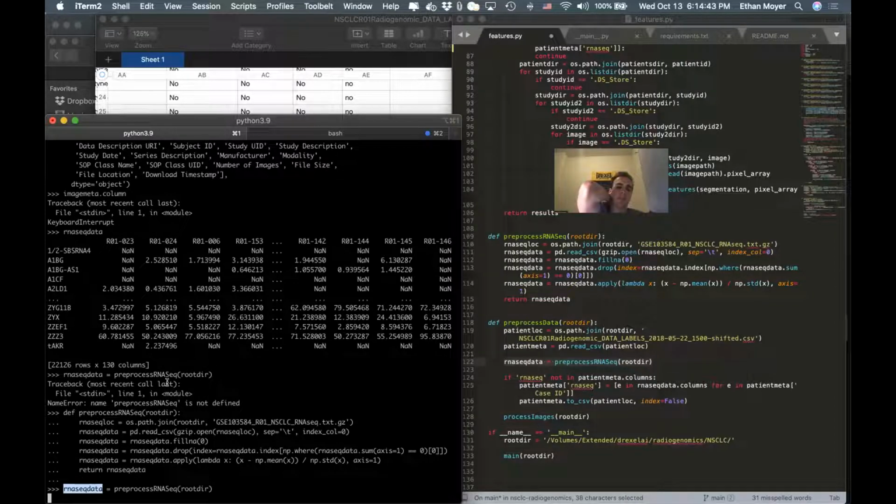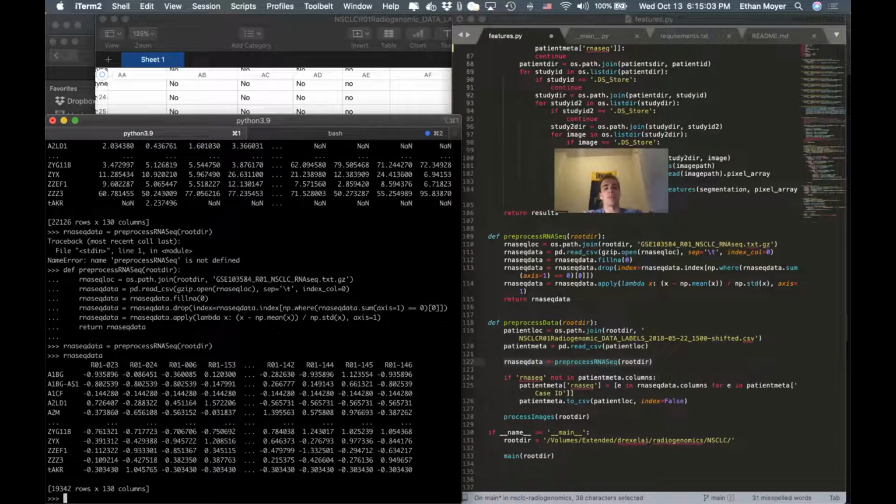And we might pick the most variable ones. If we don't want to use all of them, I can take the standard deviation of each row, order it by the standard deviation, and pick the 1,000 most variable ones. That's a method that people often use to select features. The idea is that the most variable rows contain the most information.